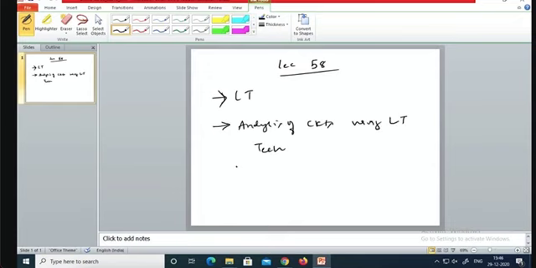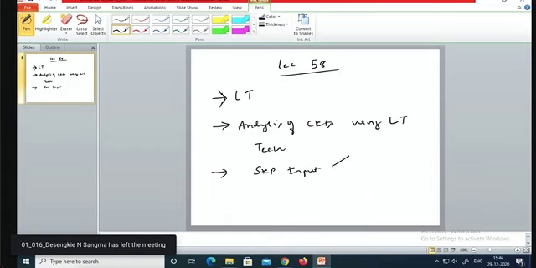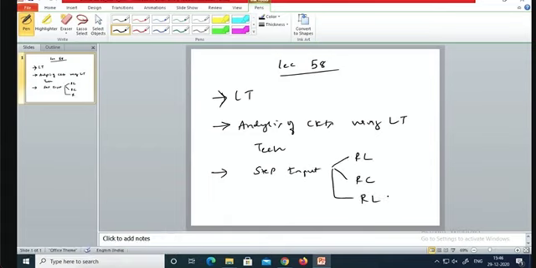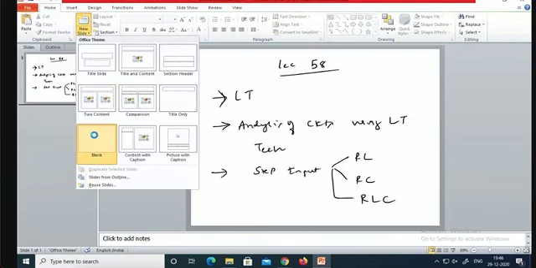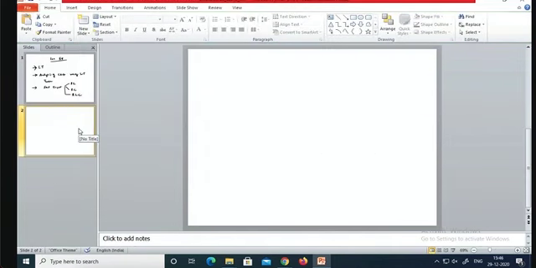Okay, for this you will have to know the concept of step input response for RL circuit, RC circuit, and RLC circuit, and also the responses for different types of inputs, that is standard inputs.